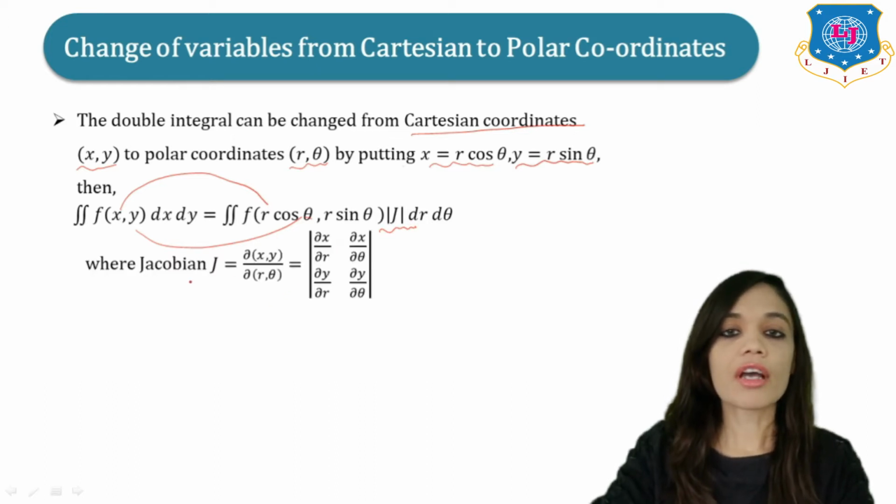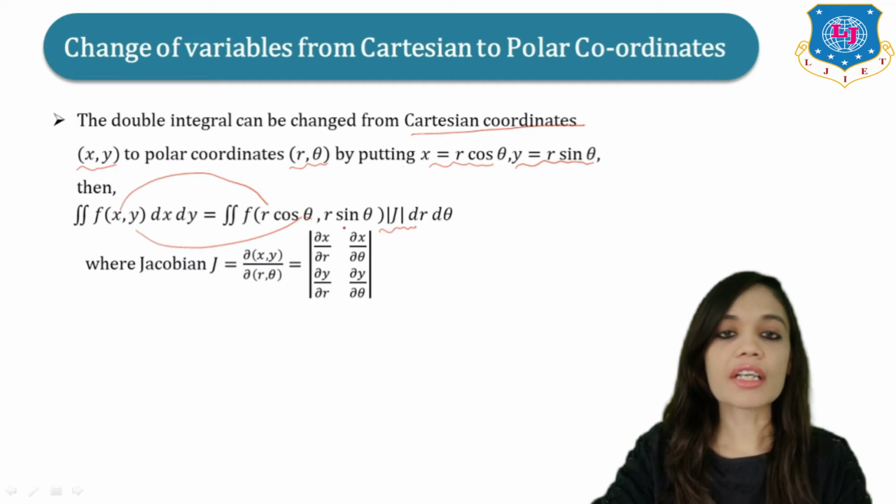Our Jacobian J is equal to del of x, y upon del of r, theta, which can be written as the determinant of del x by del r, del x by del theta, del y by del r, del y by del theta. Now let us find the Jacobian.